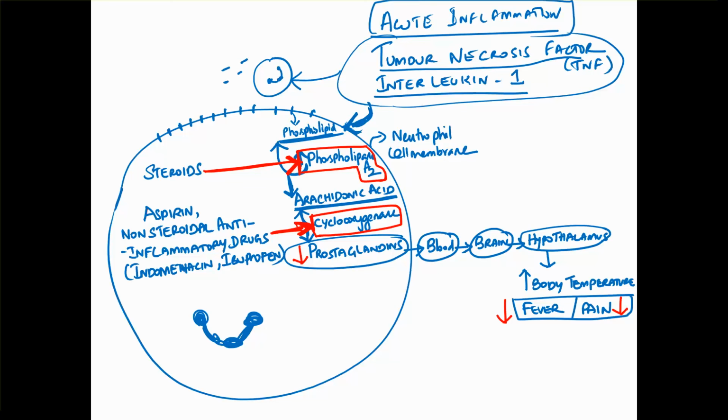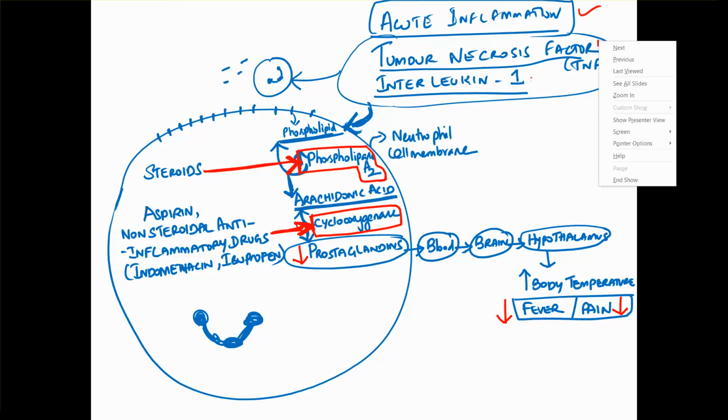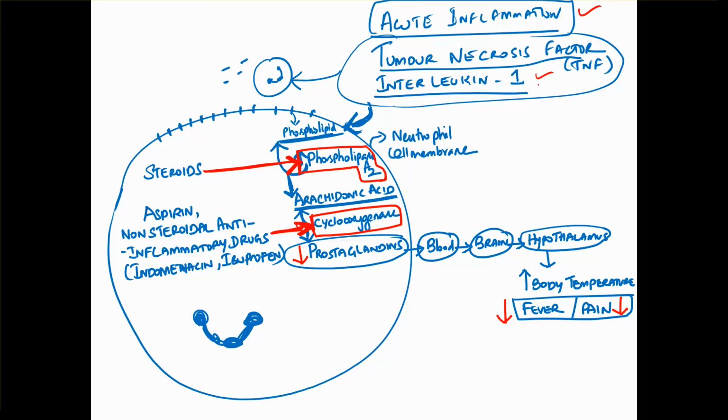So this is the important mechanism you should know. During acute inflammation, TNF and interleukin 1 are increased. That will stimulate the neutrophil, and that will increase the phospholipase A2, that will break the phospholipid. Then arachidonic acid is formed. Then the cyclooxygenase enzyme breaks the arachidonic acid, and prostaglandin is formed.